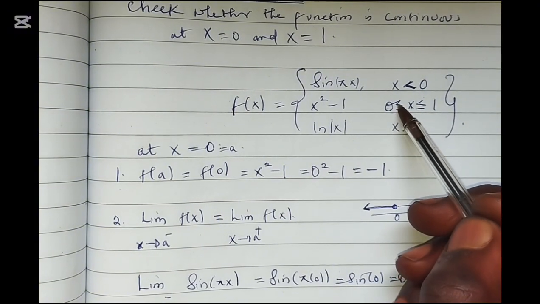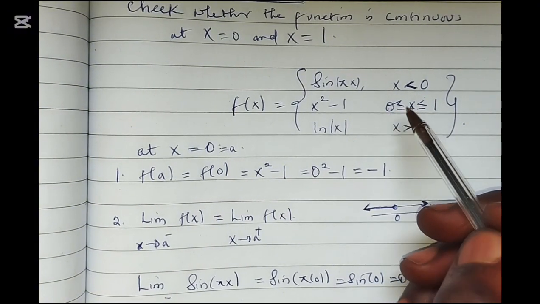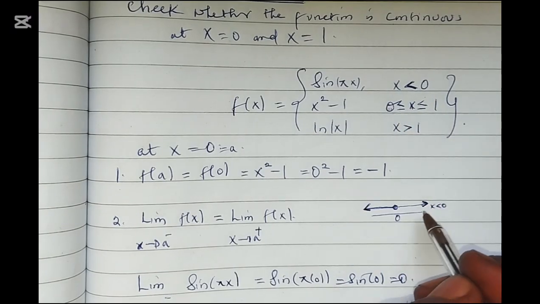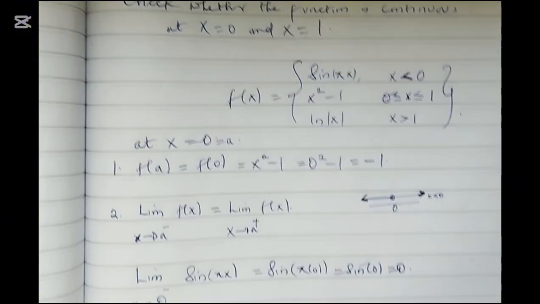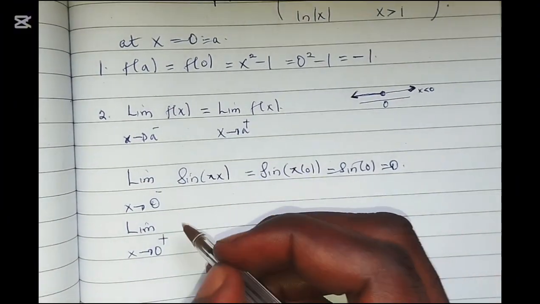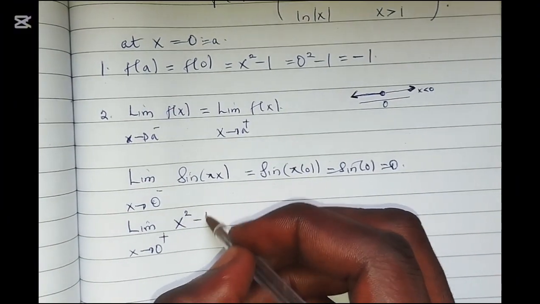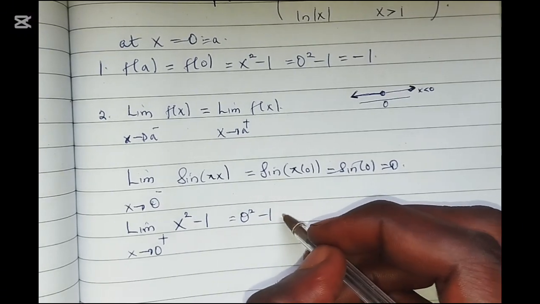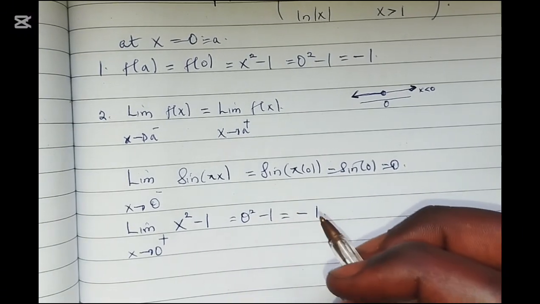If 0 is less than x, it means that x is greater than 0. So we pick that x squared minus 1. So we have 0 squared minus 1, which will give us negative 1.